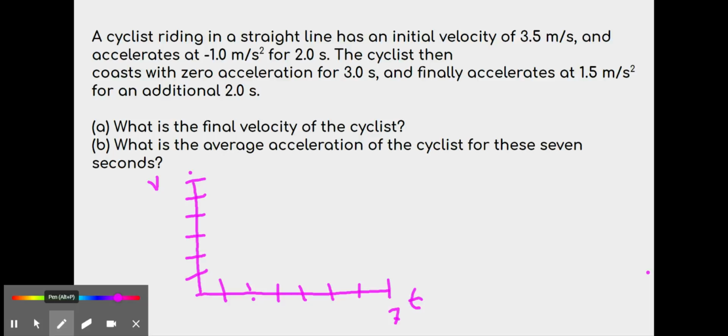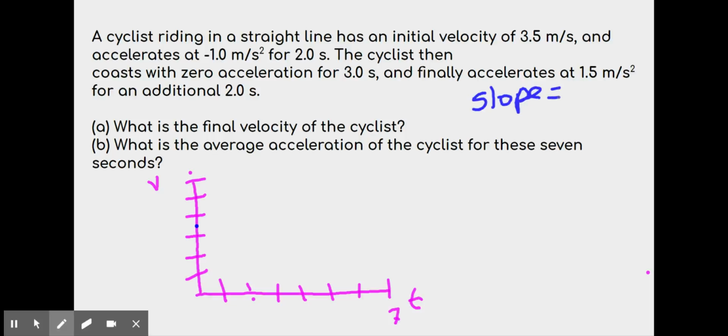Well, let's look at our first piece of information. The initial velocity is 3.5 meters per second, so I'm going to put a little dot right here to indicate initial velocity. It is accelerating at negative 1.0 meters per second squared, so we're going to have a negative slope here. If you'll recall, slope is the acceleration, and slope is also rise over run.